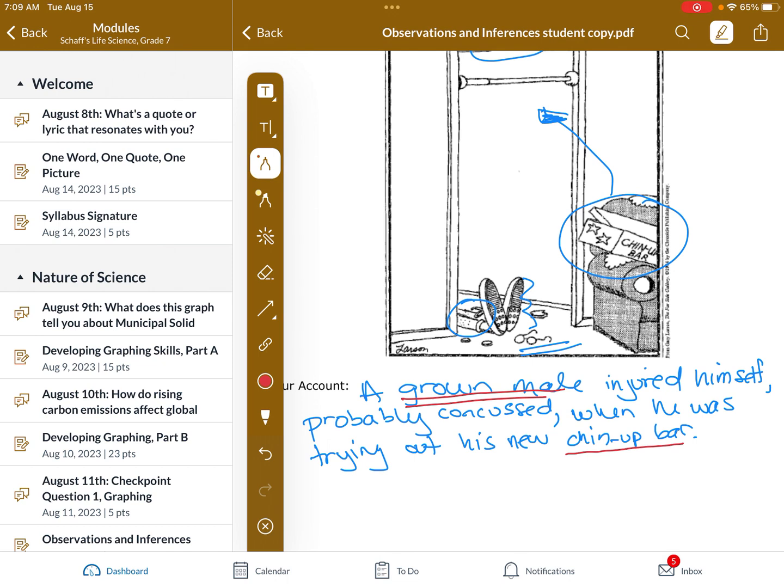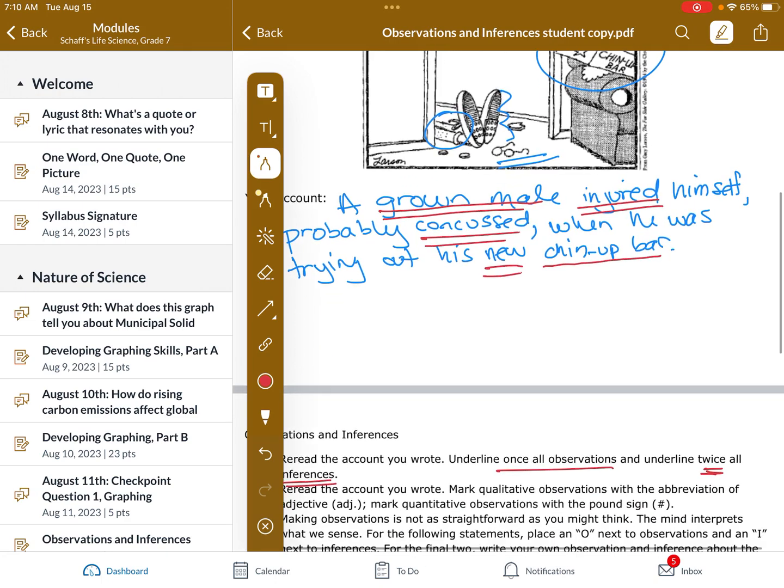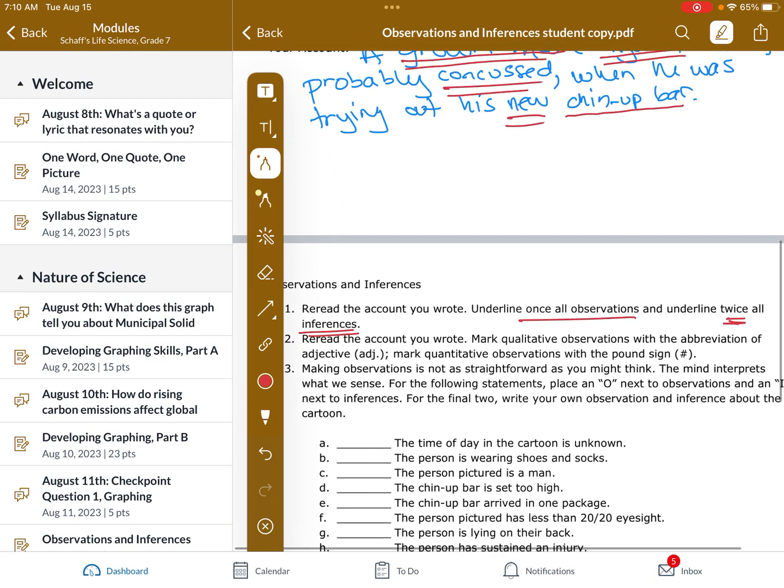I don't actually know that he's injured because he could just be taking a nap. I don't know that he's concussed, kind of same reasoning. And when he was trying out his new, I don't know that this is new. He could just be messy and leave his box out forever and ever, or maybe he stores it in his box when he's not using it.